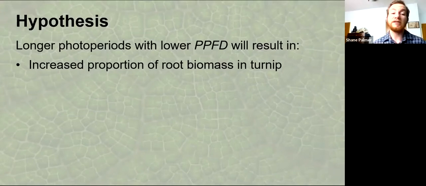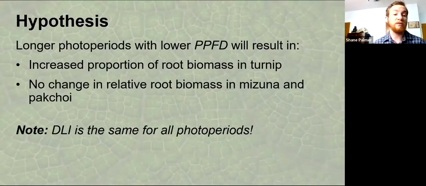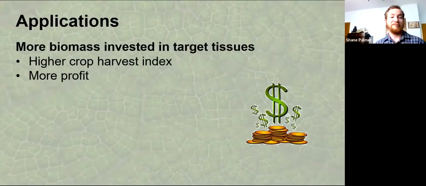So I wanted to see if there would be an increased proportion of root biomass in turnip the same way there was in radish. I expected little or no change in the relative root biomass in mizuna and pak choi based upon what I saw in the greenhouse study, because roots make up very little of their overall biomass. And just a reminder, these treatments all have the same DLI.